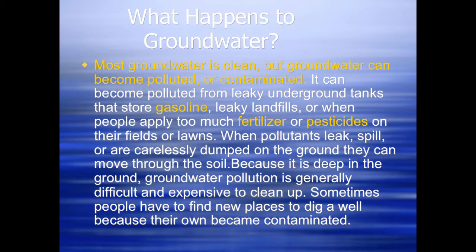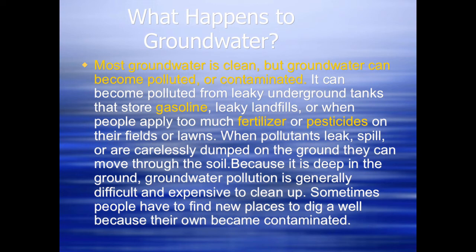So what happens to groundwater? Most groundwater is clean because it did just come from precipitation, but groundwater can become polluted or contaminated. And you're right, human activity is what leads to that. It can become polluted from leaky underground tanks that are storing gasoline, from burying things in landfills.